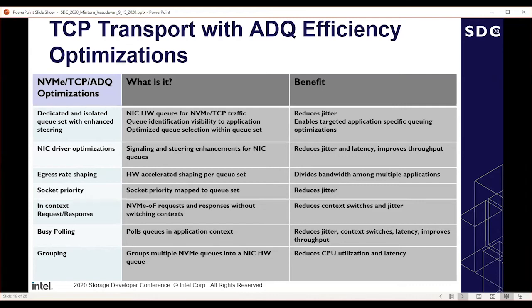One of the problems in the first implementations of the NVMe over TCP drivers was there were multiple context switches that were occurring in the submission and the completion path.